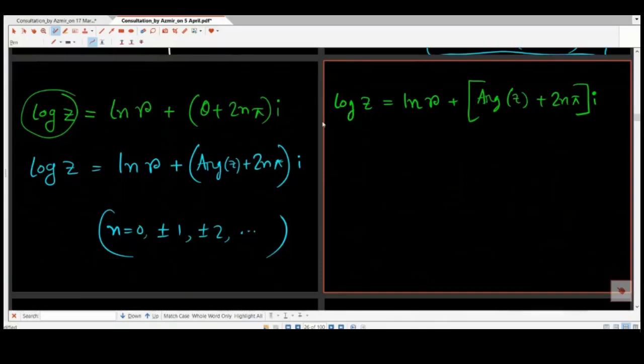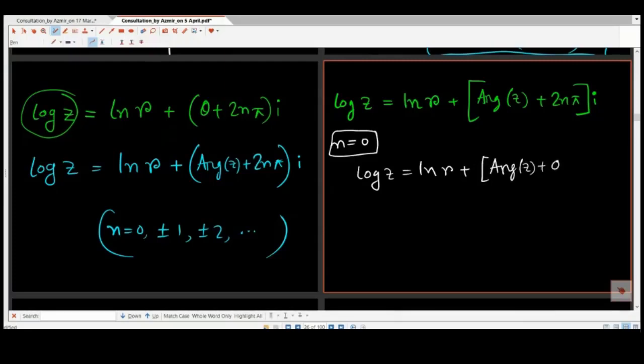We know that complex logarithmic functions are multiple valued functions. That means we have many outputs. So let's check whether it has many outputs or not. If we input n equals 0, then we have log z equals natural log of r plus argument of z plus 0 i.